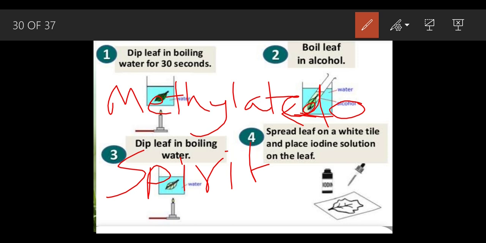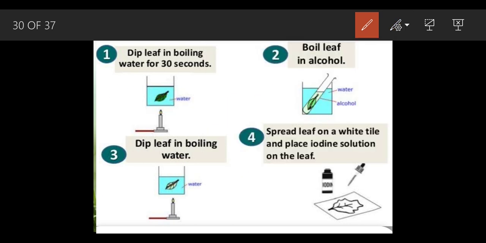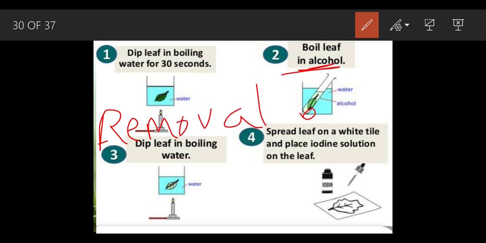If we put the leaf in the methylated spirit, it will become pale. It will start to lose its color, and the chlorophyll will be removed. So what is the function of this alcohol? For the removal of chlorophyll.